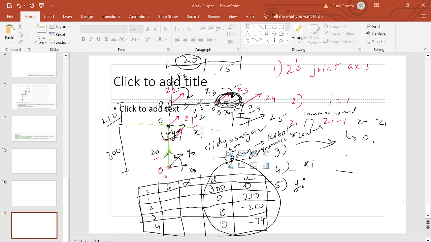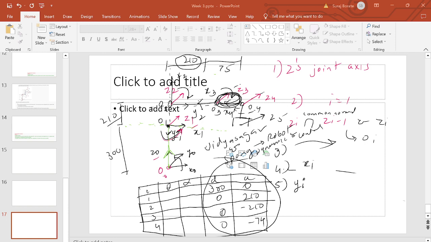It turns out, obviously, that if this link length is L1 and the other is L2, and you give a coordinate on a circle of radius L1 plus L2, what will happen? The manipulator will have to become completely stretched. This is something called a singular configuration, and we might learn about it next time in more detail. But you can see that there is only one solution for it.